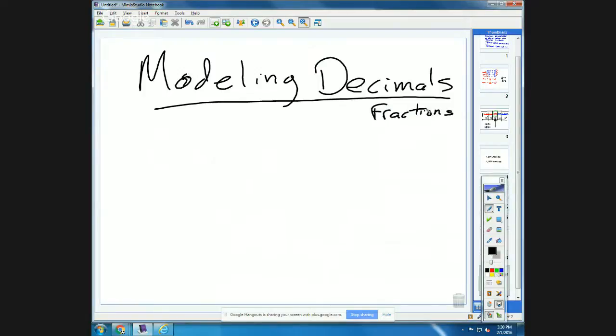What were our models for fractions? Well, part of a whole is a big one. And we actually had two versions of part of a whole. Does anybody remember the two different versions of part of a whole? So we're reviewing fractions for a sec. It was part of a whole area or part of a whole group.